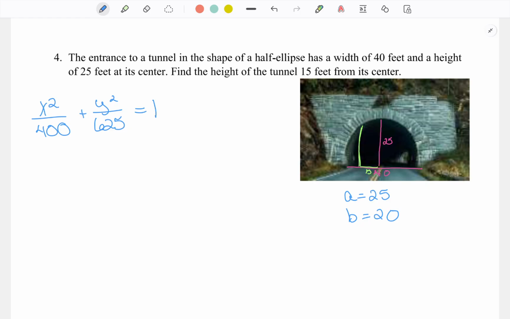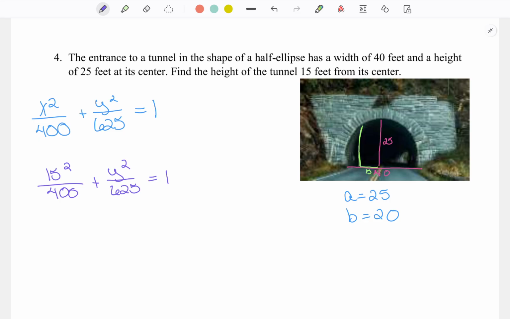So that is the equation that we're going to work with. So now we need our height at 15 feet from the center. Which side it's on doesn't really matter, but we are going to go ahead and put that in for x. So we're going to have 15 squared over 400 plus y squared over 625 equals 1.